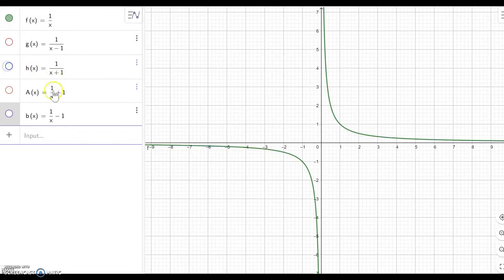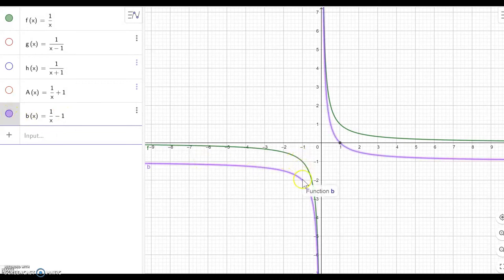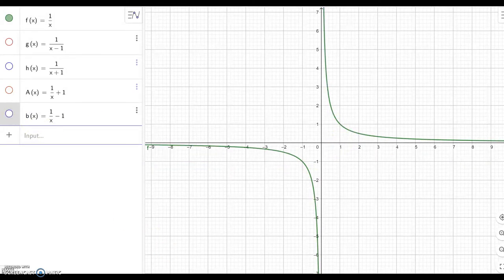So what about the outside number here? So 1 over x plus 1. It looks like this vertical asymptote hasn't changed, but all the points move up here, right? Similarly, minus 1, then you can conjecture it will go down 1 unit. Like this, 1 goes down here, 1 goes down here, right? Therefore, now we can summarize.